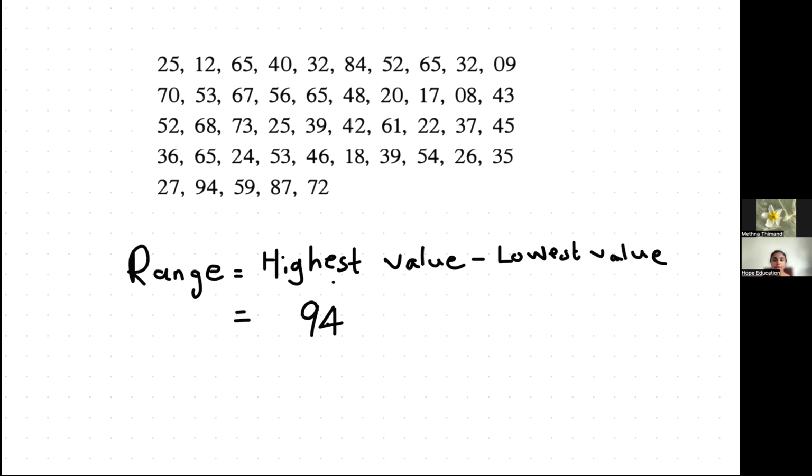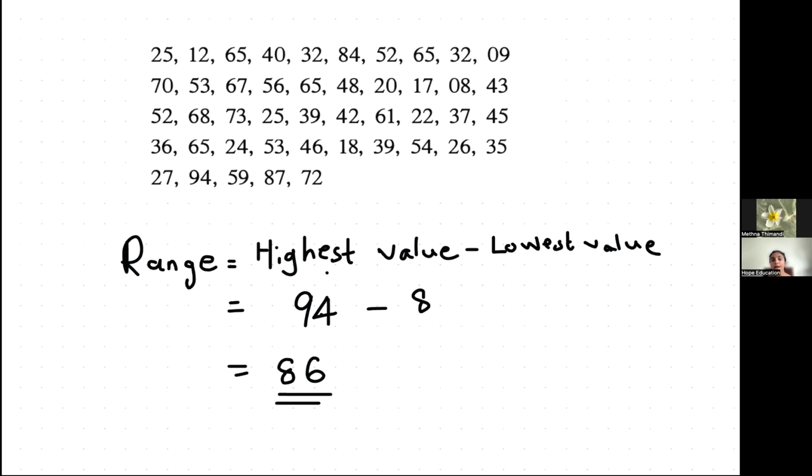What is the lowest value here? 8. 8 is the lowest mark a student has obtained for this mathematics test. So 94 minus 8, you get 86. That is the range of this data set. Then according to this range we can categorize this data set.